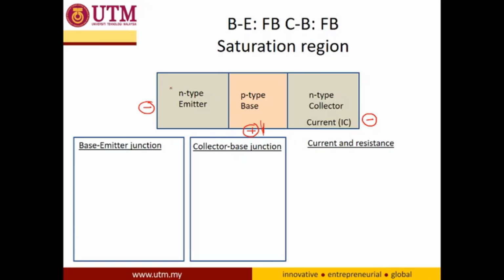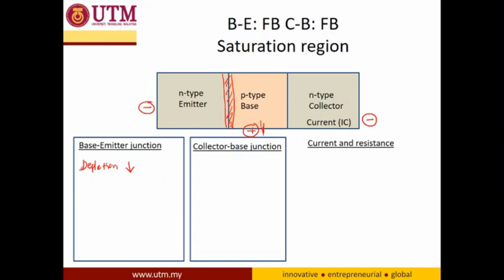Okay, so what happens? If you analyze every junction, the base emitter junction and the collector base junction, you find that the base emitter junction is forward bias. So what will happen to the depletion region? The depletion region will decrease.